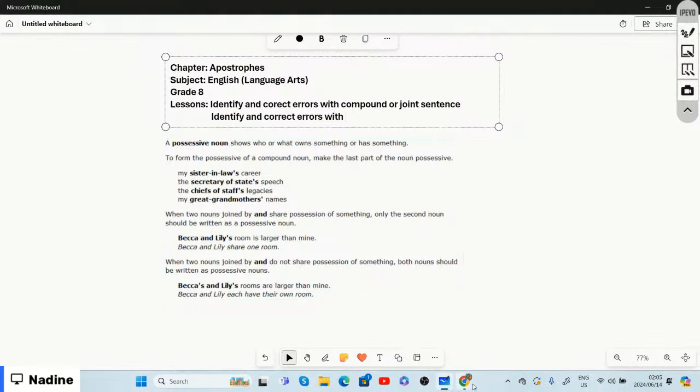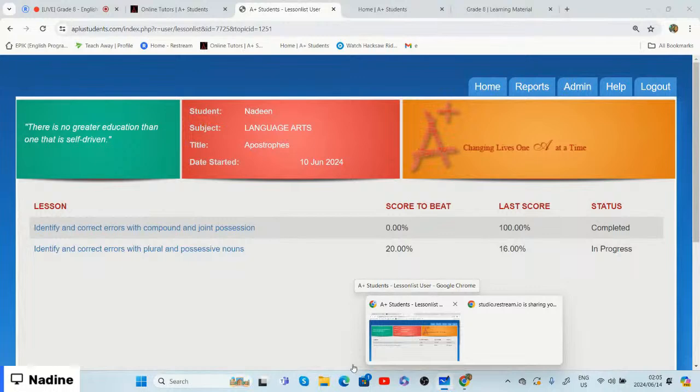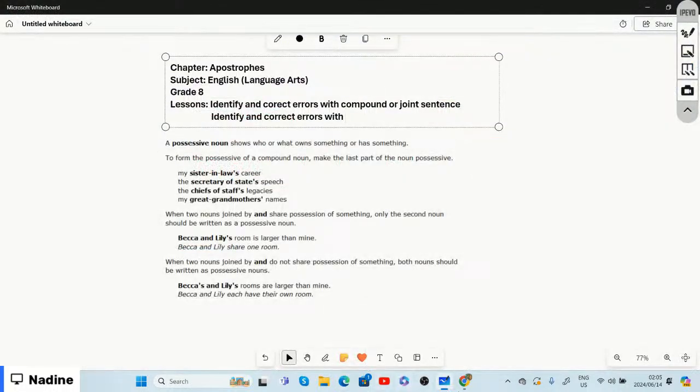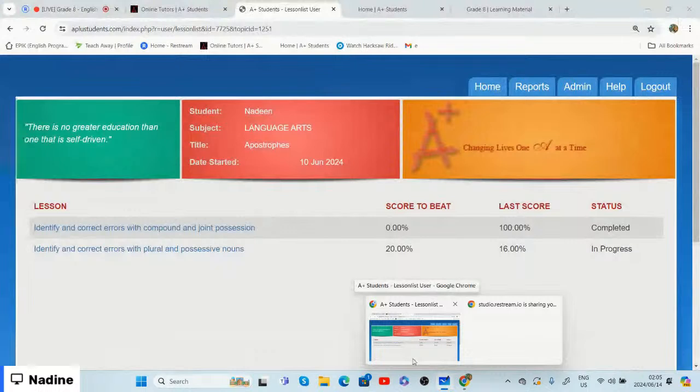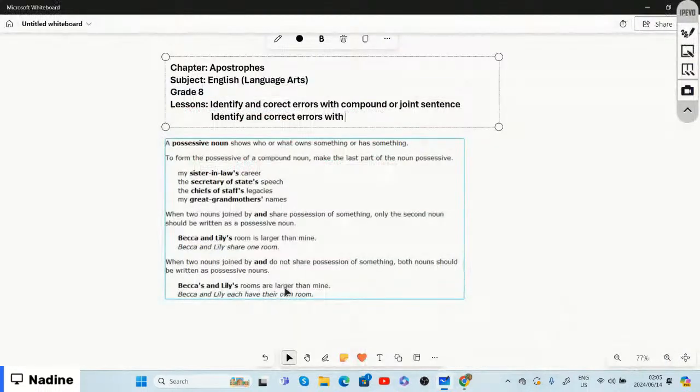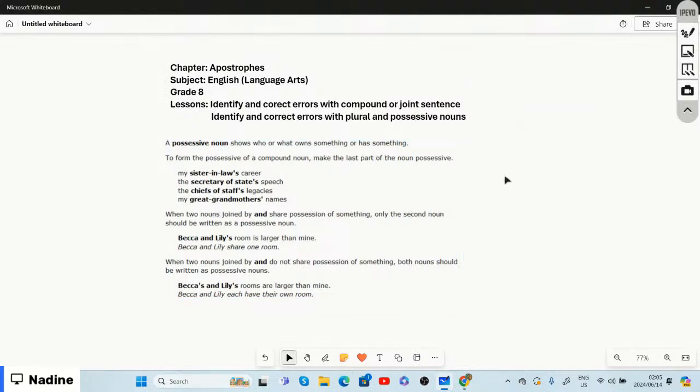All right, so we said our chapter is apostrophes. Our subject is English Language Arts, grade 8.